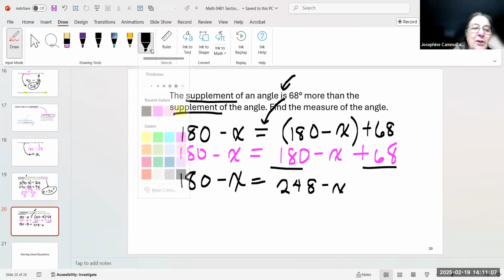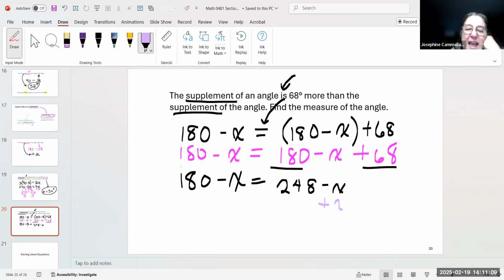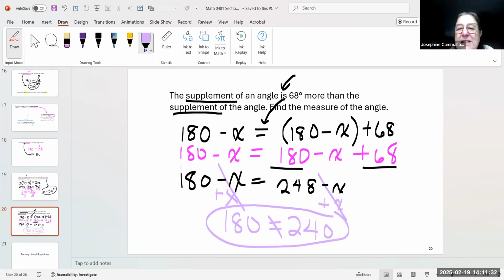Well, right away, notice what happens if I add x to both sides. I now have 180 equals 240. That's not possible. This is a no solution. Can that happen? Oh, yes, it can.